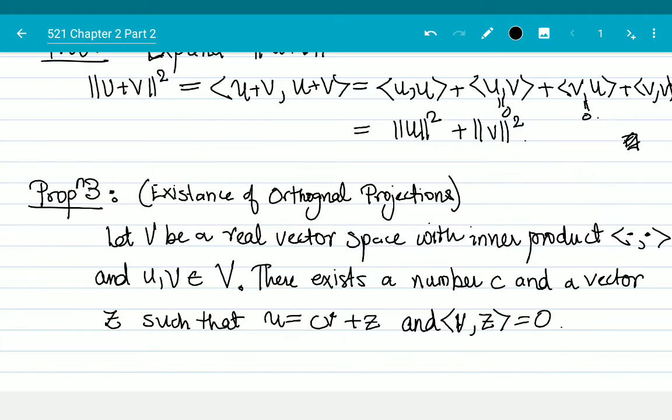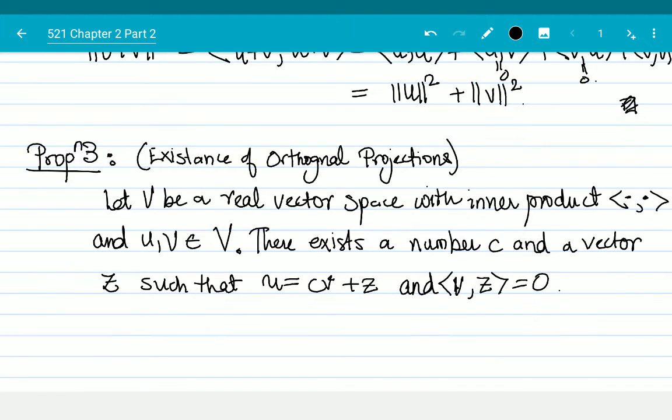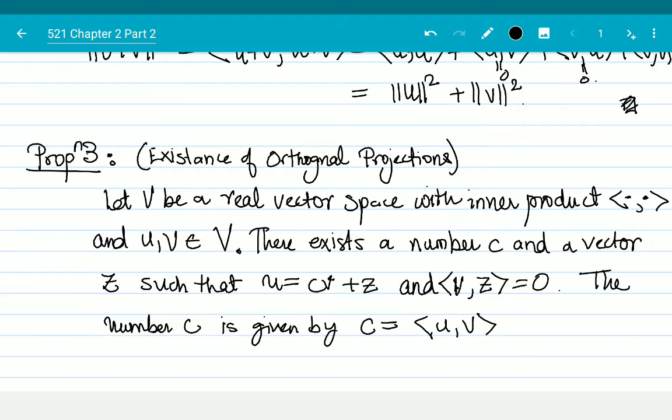That is to say, Z is orthogonal to V. The number C is given by C is equal to the inner product of U and V over norm of V squared.